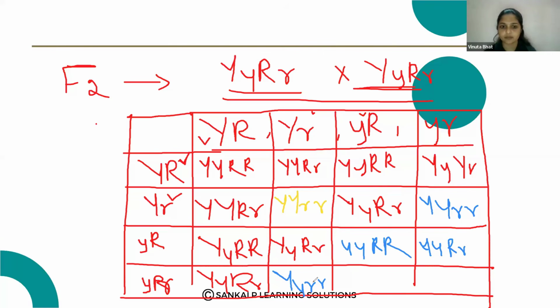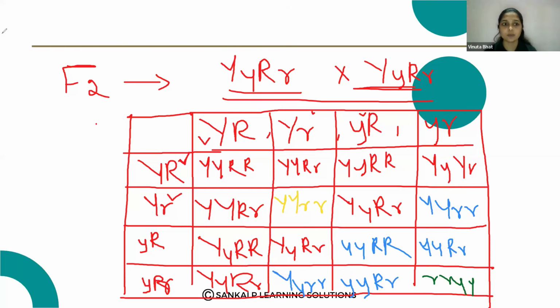So here is also producing yellow but wrinkle seeds, right? Then the last one, small y, capital R, small r. And the last one, small r, small y, right?